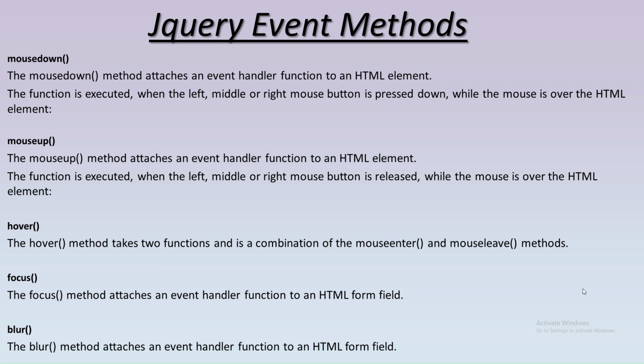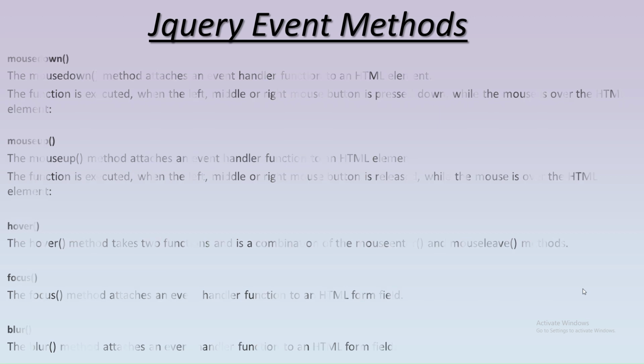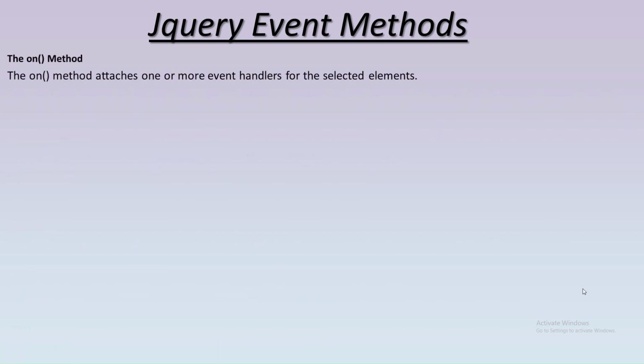The blur method attaches an event handler function to an HTML form field. So whenever there is a text box or a drop down, the blur event can fire on that one. Now the on method attaches one or more event handlers for the selected elements. Like on click, on mouse down or mouse up, that event is fired using the on method.